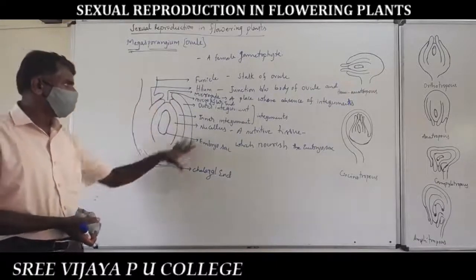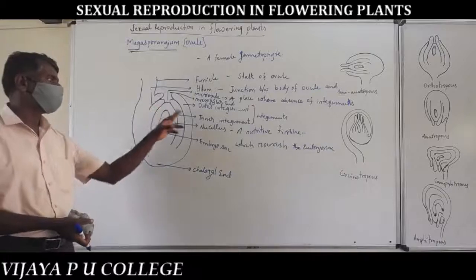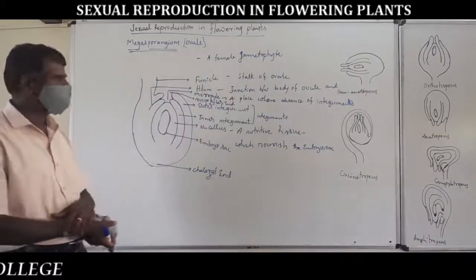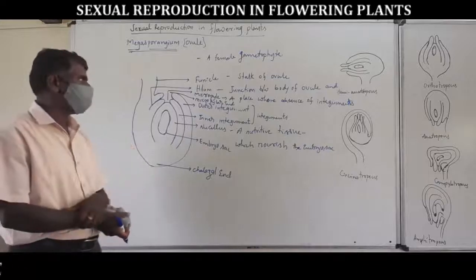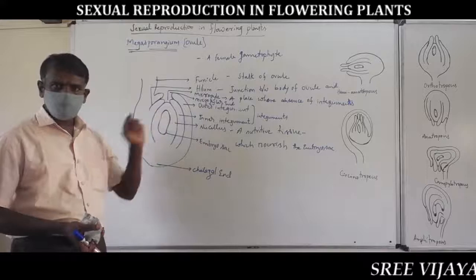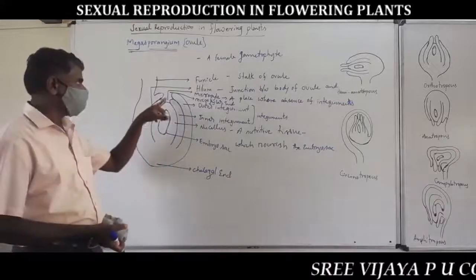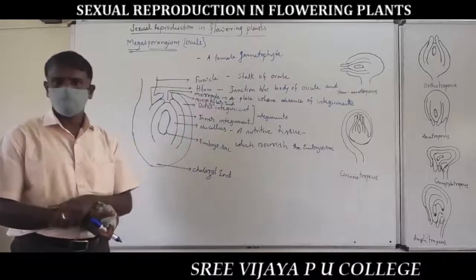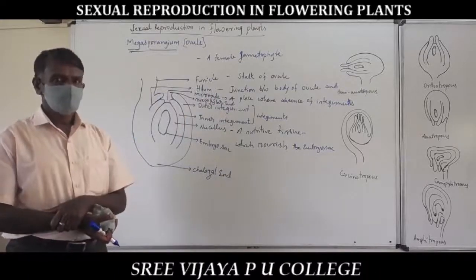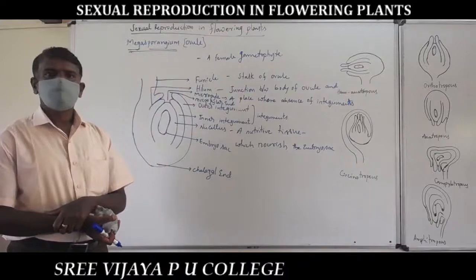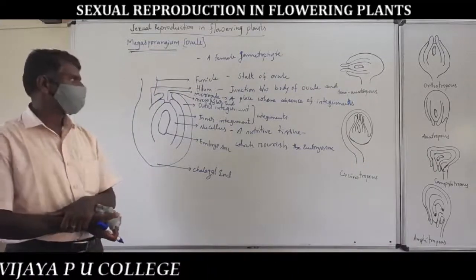The body of the ovule is covered with the two integuments, outer integument and inner integument, which develop as the seed coat in future development. The body is covered by these two integuments, leaving a small space, or a pore, which is called micropyle. It is also a space or place where there is absence of integuments.